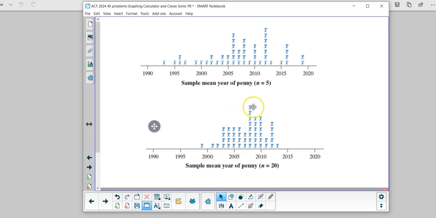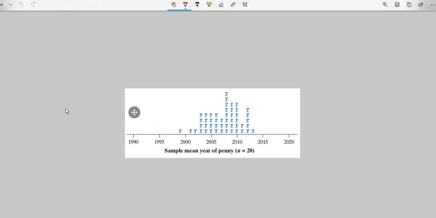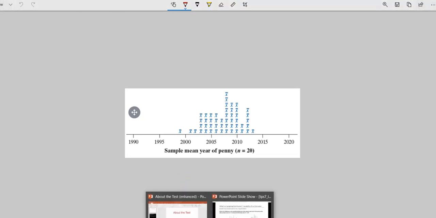It's not quite looking normal, but it's maybe more symmetric than the n equals 5 was. Definitely the variation is one of the biggest things there. You can see the variation is a lot smaller. As the n value increases, you're going to get a more accurate, more precise prediction here. So let's see what we've got.